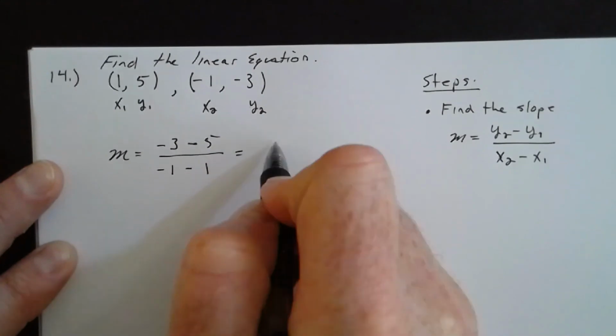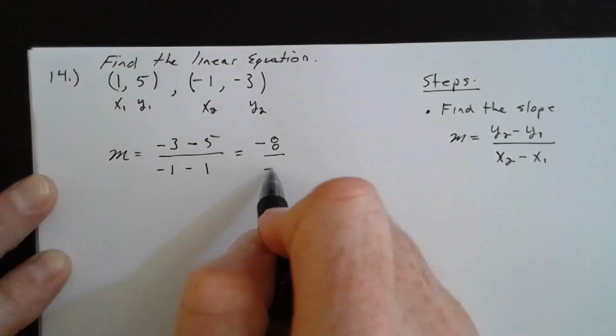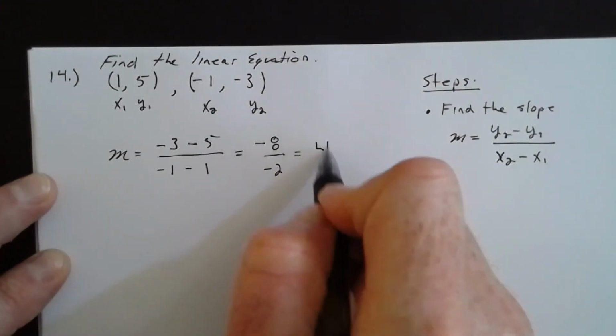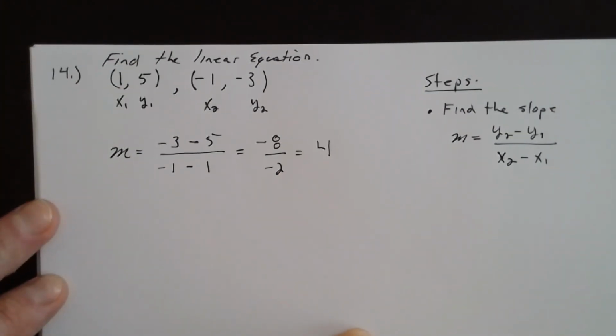And so this is equivalent to -8 over -2. And this is equal to +4. So that's our slope.